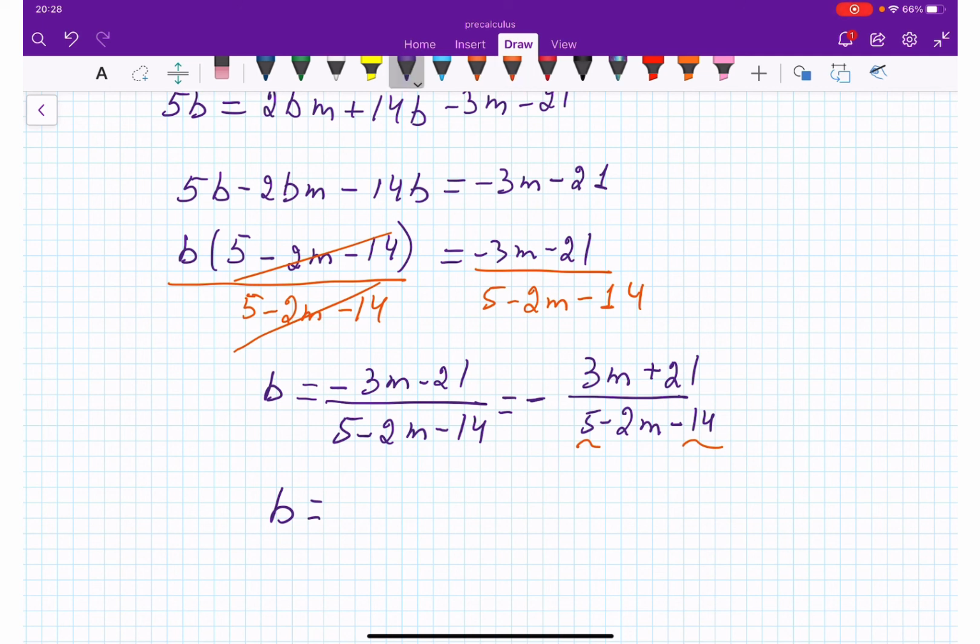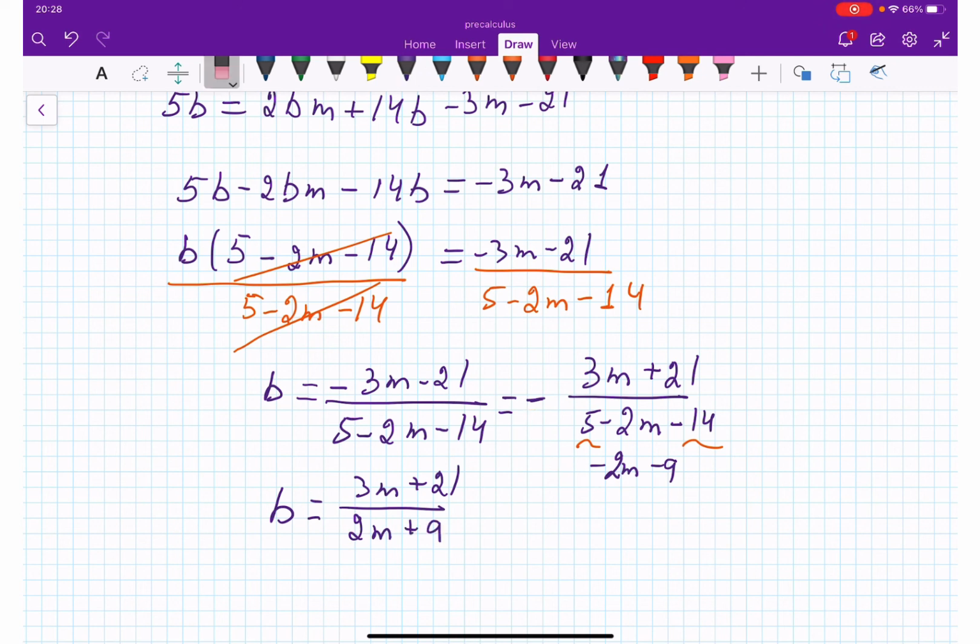Okay, so it's going to be 3m plus 21. So 5 minus 14 is going to be negative 9. So negative 2m minus 9. So if I apply the negative sign to negative 2m minus 9, we will get positive 2m plus 9.